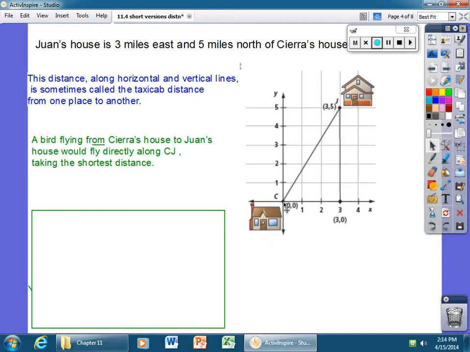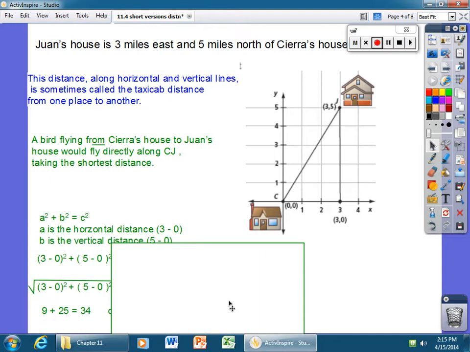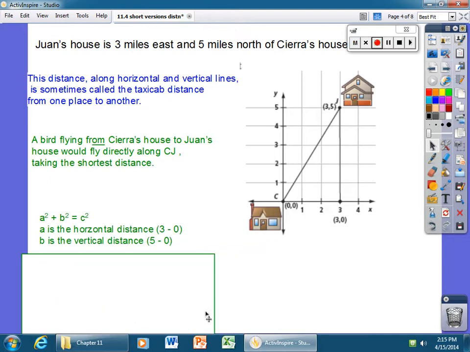We notice that we have 3 this way, we have 5 this way. We know how to use the Pythagorean theorem to find the straight flying distance from Sierra to Juan's house. But let's use that for a minute here and look at how they came up with the distance formula that we're going to use.